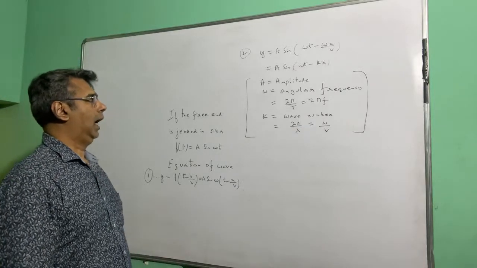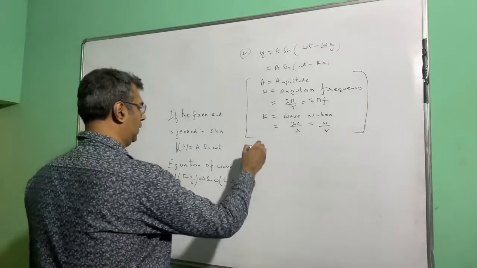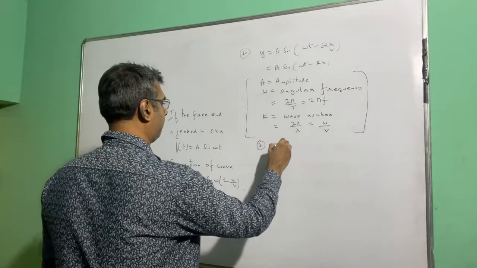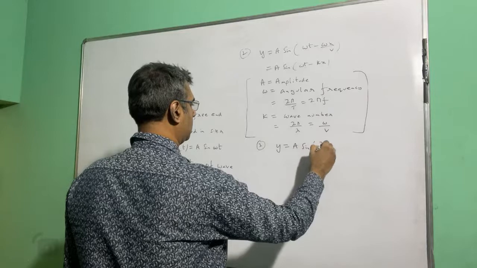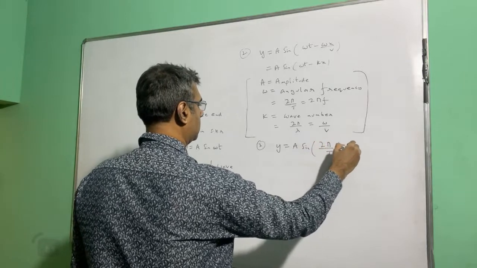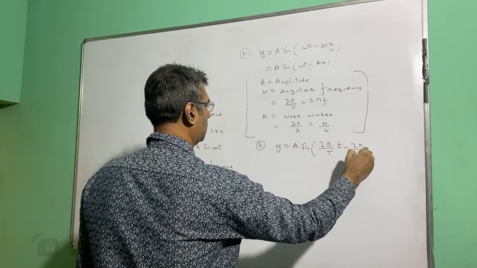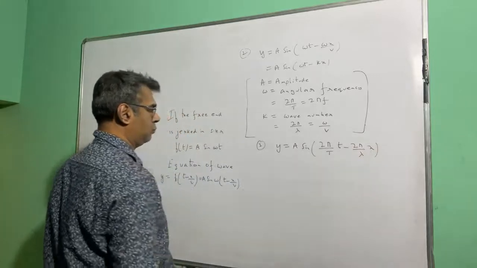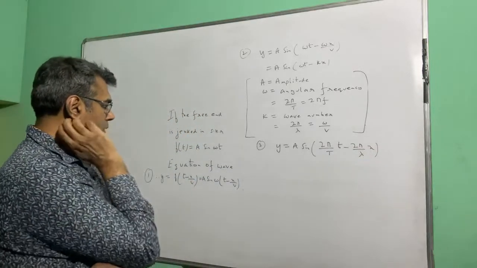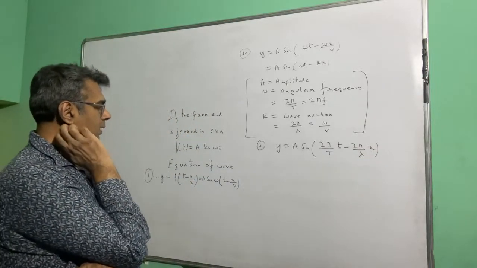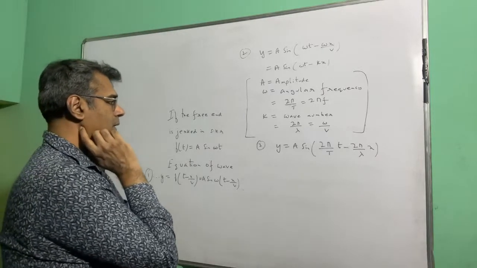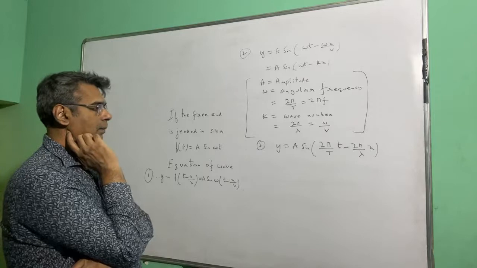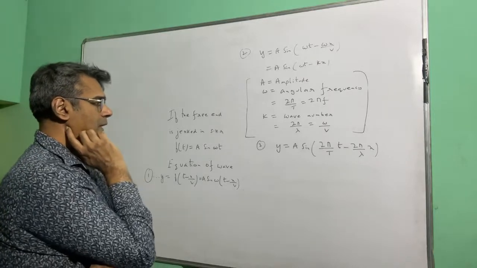And of course there is another formula. y equal to capital A into sine 2 pi by capital T into small t minus 2 pi by lambda into x.